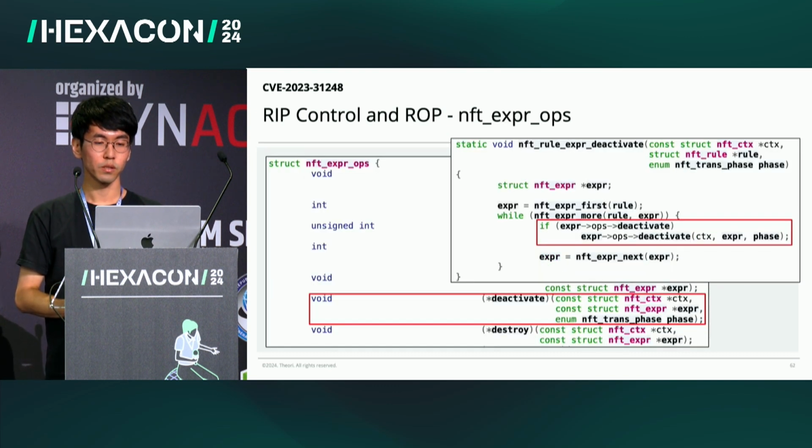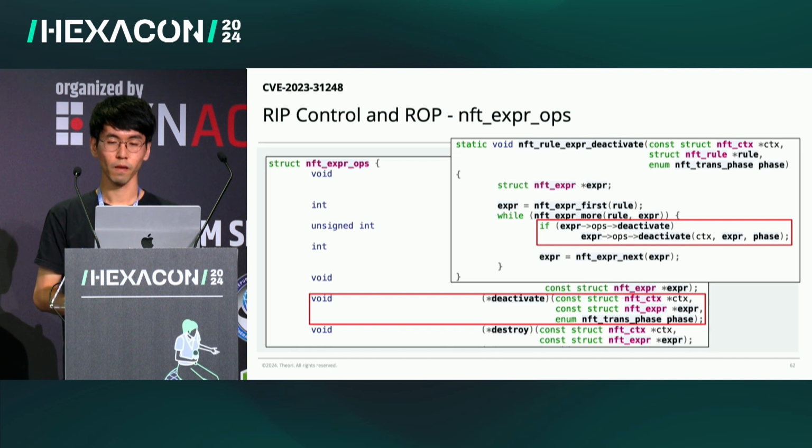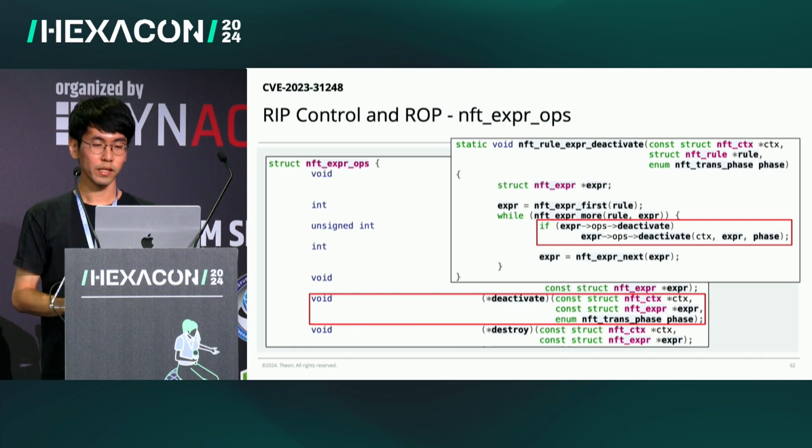Since the ops is used when we control the expression, we can control the RIP to any value we want by changing the ops to the heap address we leaked earlier and creating a fake ops at the leaked heap address. We use the deactivate function of nft_expr_ops, which is called when we remove the expression.